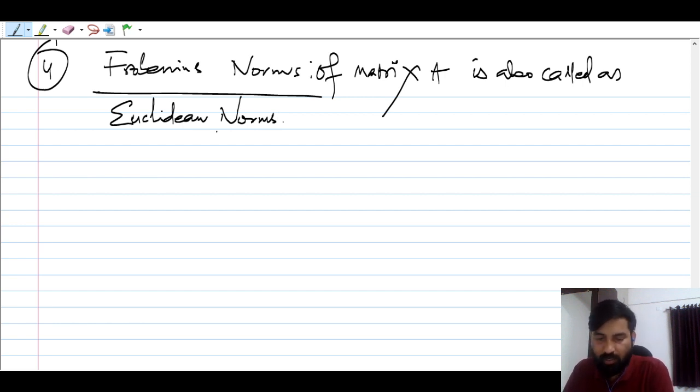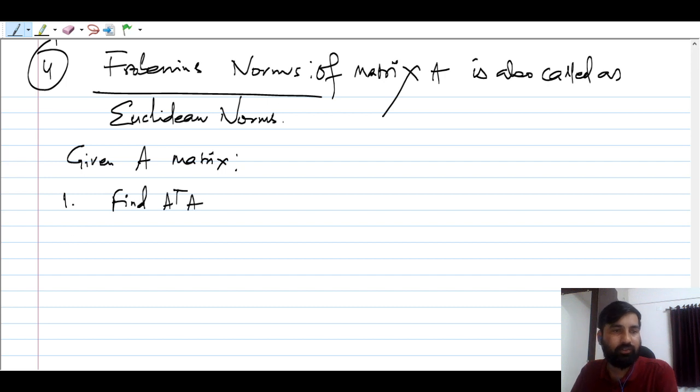Understood? So how do we compute the Frobenius norm? This is a very simple concept. Given a matrix A, the first step is to find A transpose A. Second, find the trace of A transpose A. What is the meaning of trace of A transpose A?